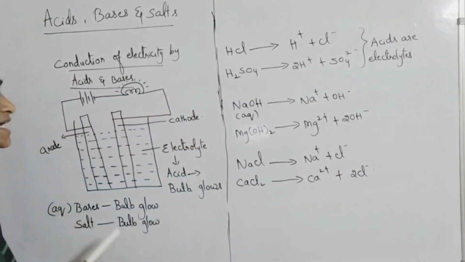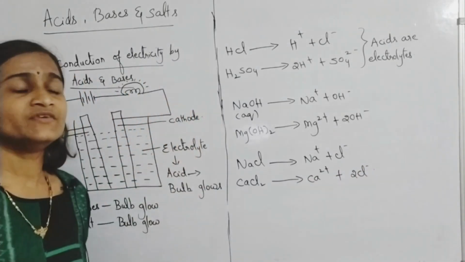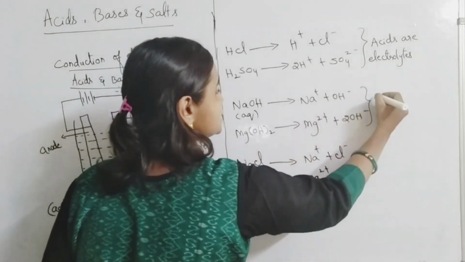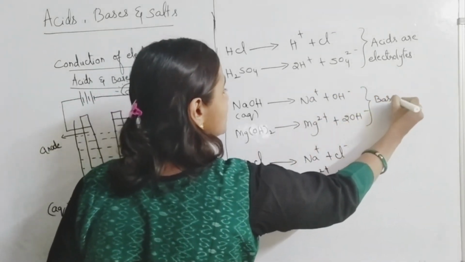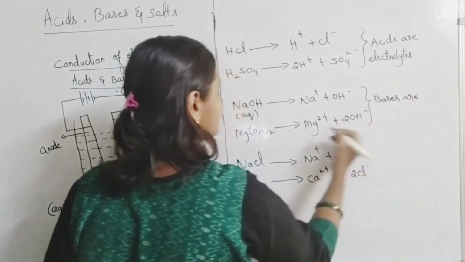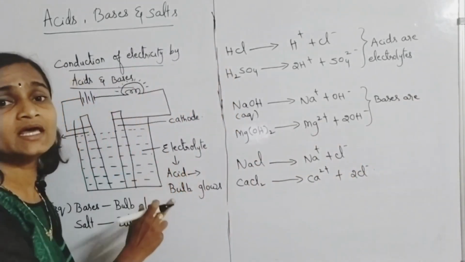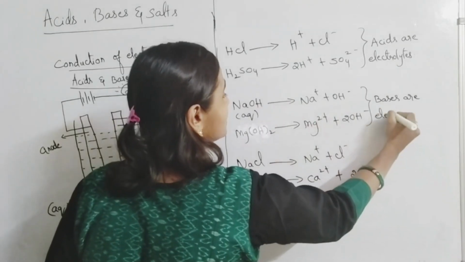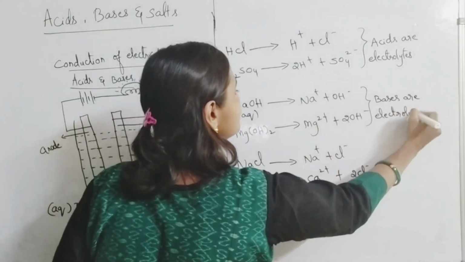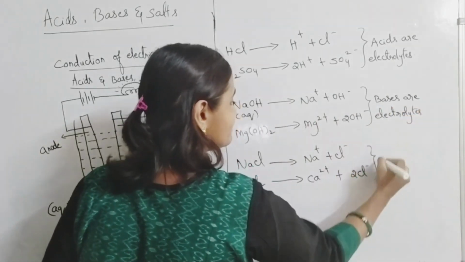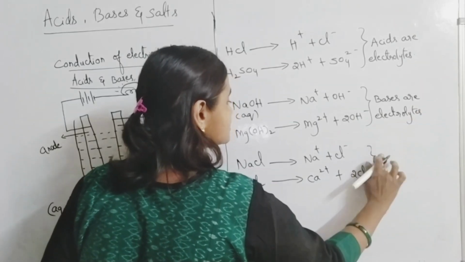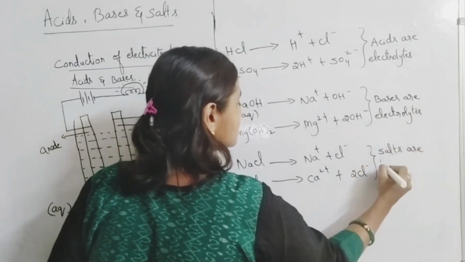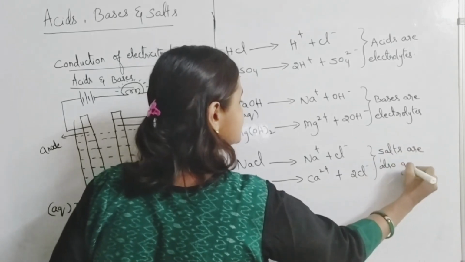On passing electricity, you observe whether the particular substance allows electricity to pass through it or not, and accordingly you decide whether the substance you have taken is an electrolyte or not. So bases are good electrolytes, and salts are also good electrolytes.